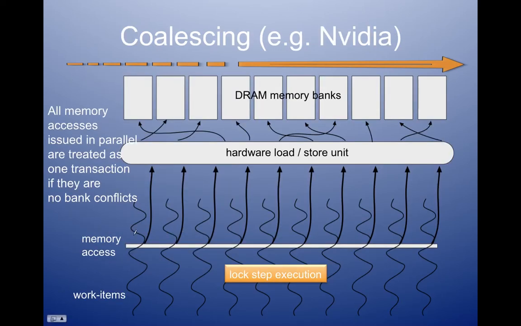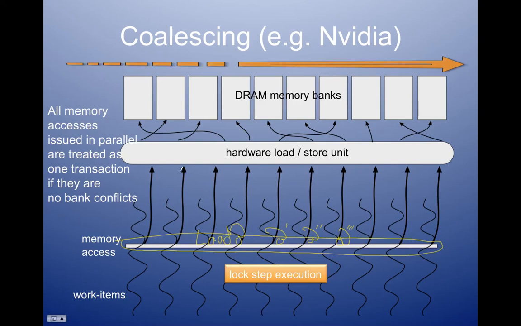One important mechanism related to memory is what's called by Nvidia coalescing. The idea is, remember, you execute everything in a lockstep. So you have a memory access, this is a load to an address, and this is address prime, this is a load to address second, etc. So every work item is accessing a different address.